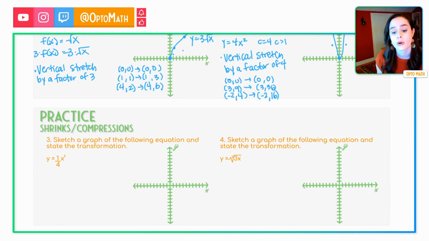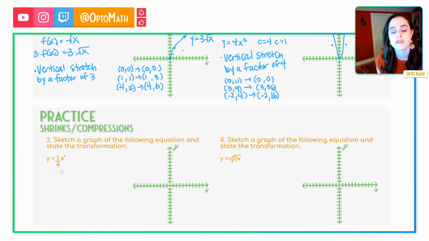Let's take a look at number 3. Sketch a graph of the following equation and state the transformation. It's going to be a shrink or compression because it's under that for our practice. So let's start by stating the transformation. It's a 1/4 not in the grouping symbol for x.